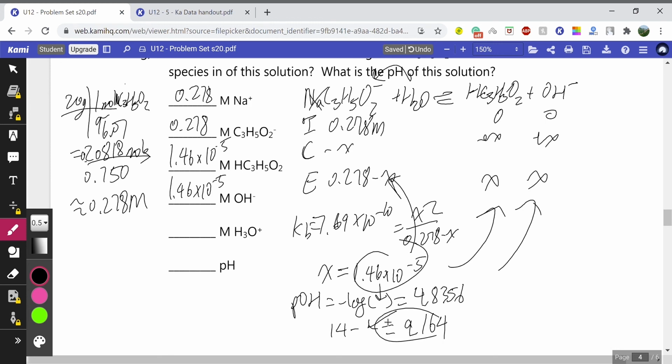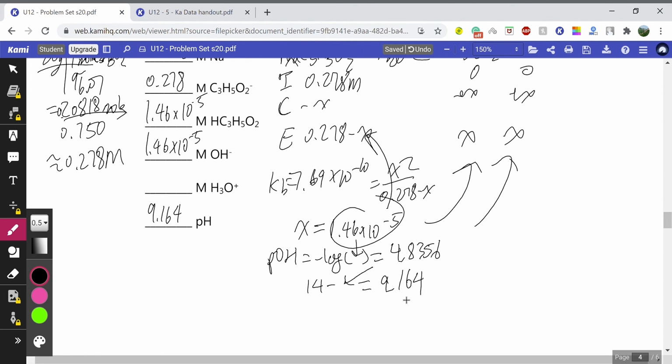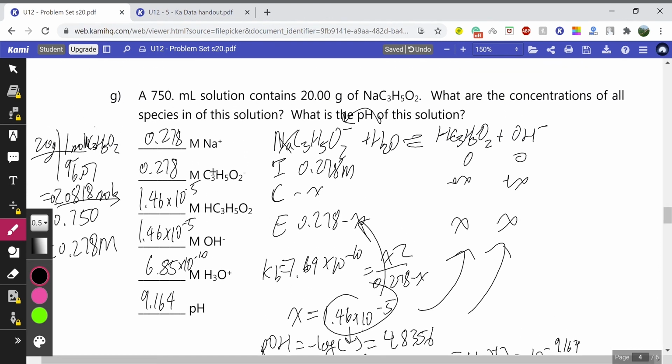Now 9.164 is the pH, and the concentration of H3O plus is going to be 10 to the negative pH power, which is 10 to the negative 9.164. That gives us a concentration of 6.85 times 10 to the negative 10th molar. And that is how we do G.